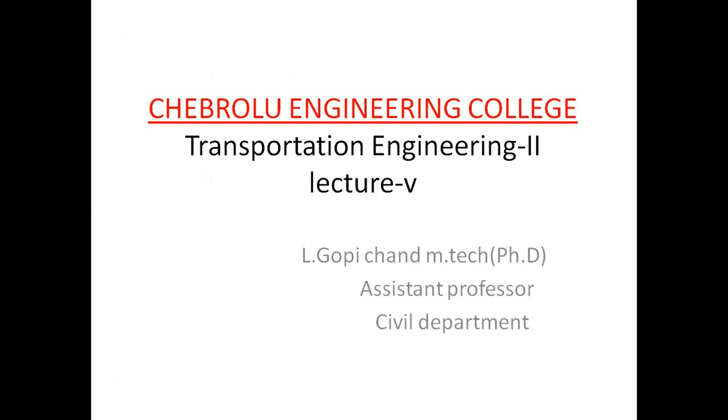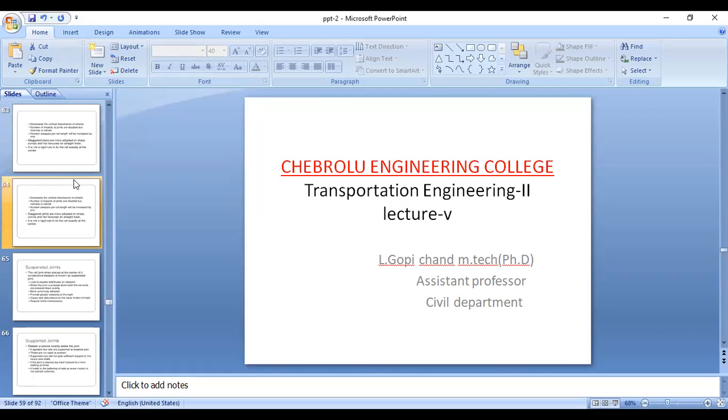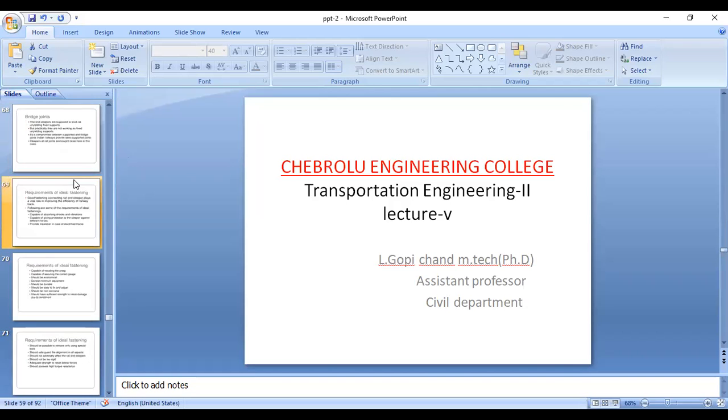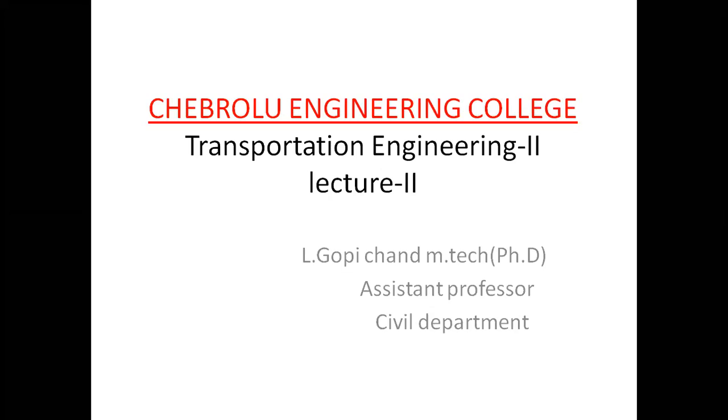In this lecture, we are going to discuss types of rail joints, what the different types of rail joints are, and also what the requirements of an ideal ballast, ideal fastenings, and the functions of a ballast are, and what is meant by a ballast.